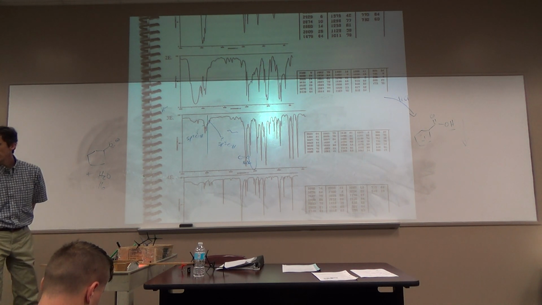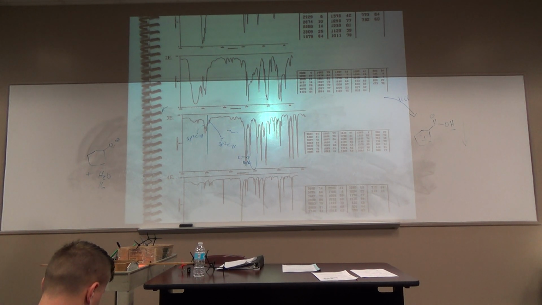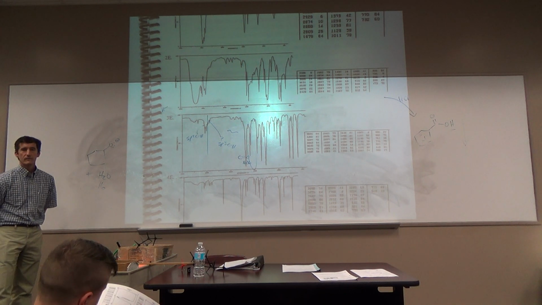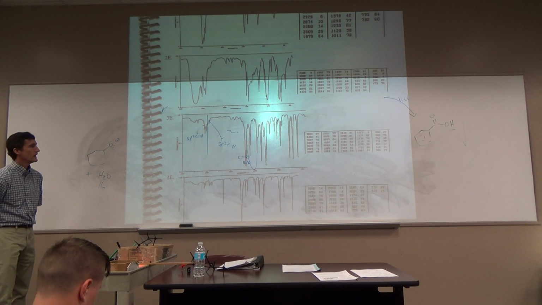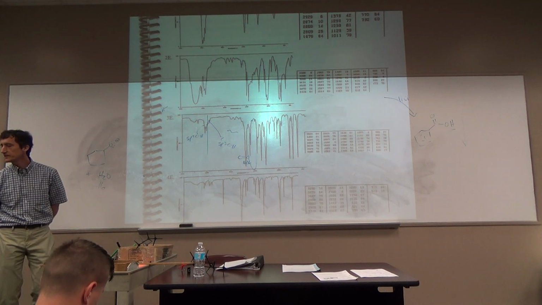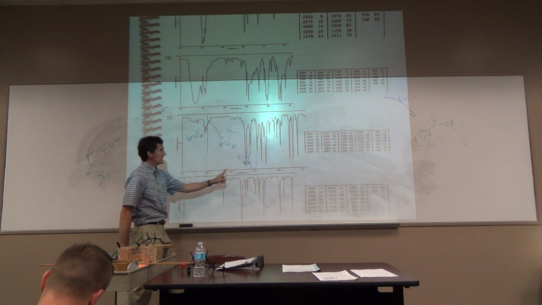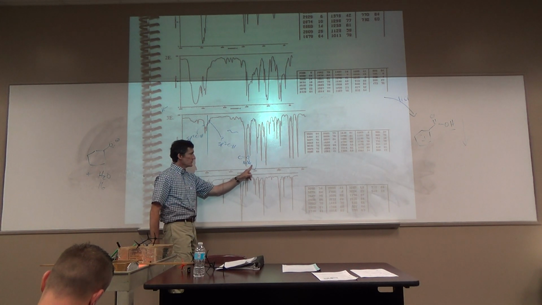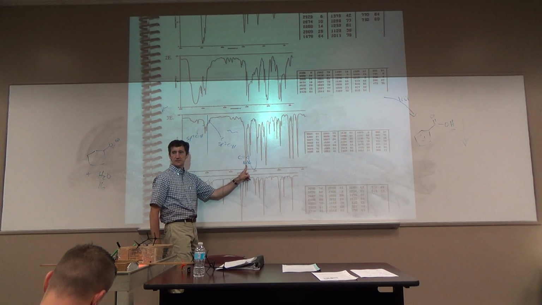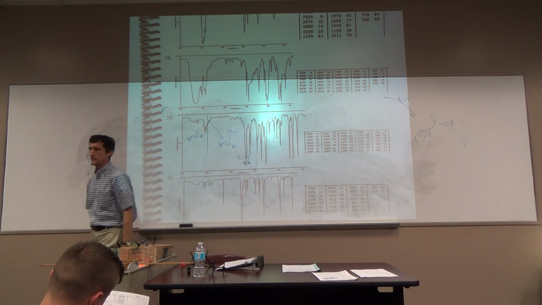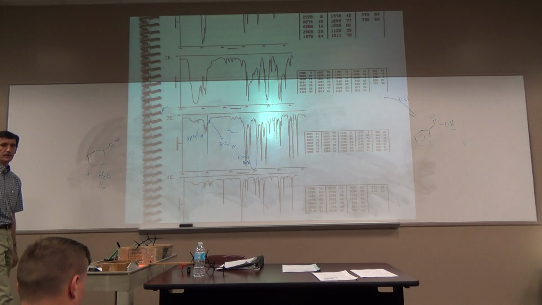I wish I didn't go as high as 1680, but I would say more like 1630 to 1660. So that's not a definitive answer for you. Amides typically have lower carbonyls, more like mid 1600s, or even lower. 1640, 1650.